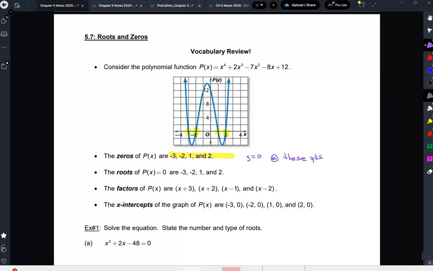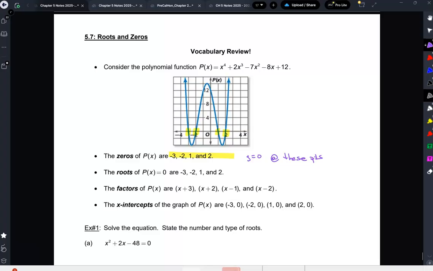So if I were to say p of x equal to 0, find the roots, those are this. Now, the roots and the zeros sometimes are the same. Sometimes the zeros are just the x-intercepts, right? And then there may be additional imaginary roots, okay?